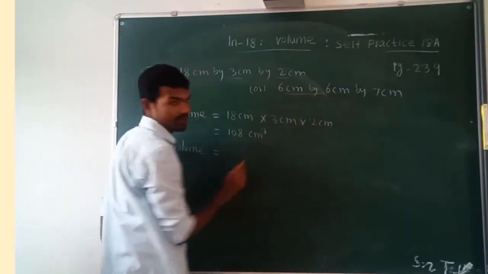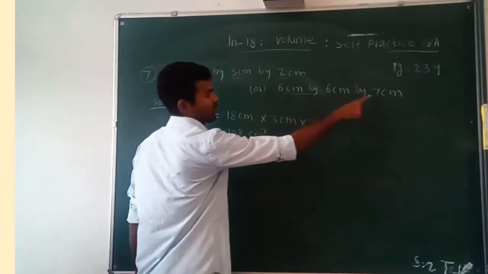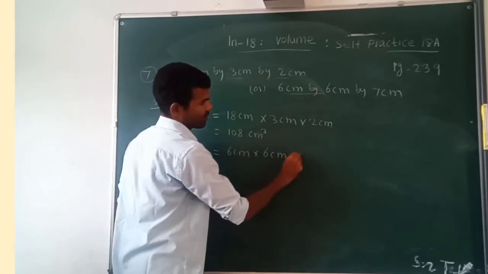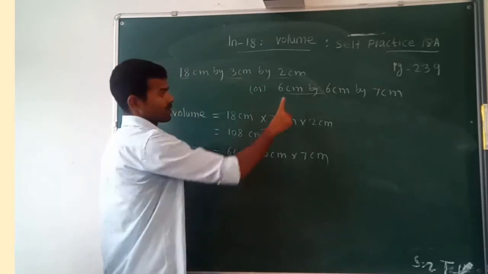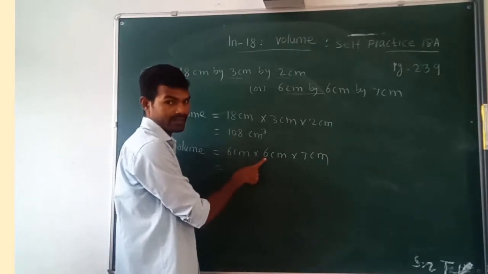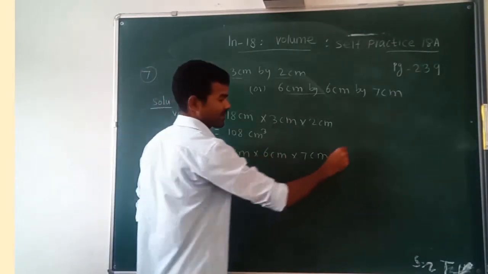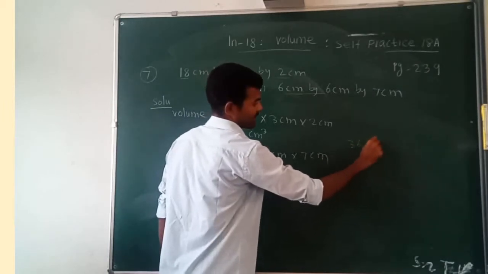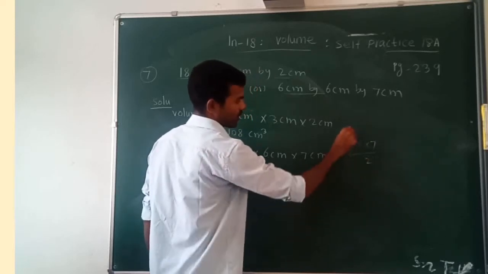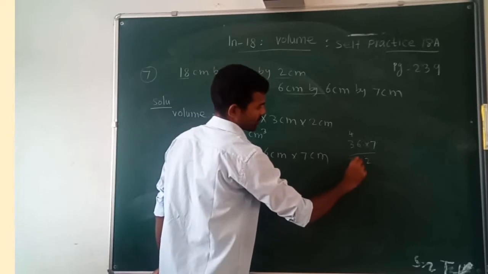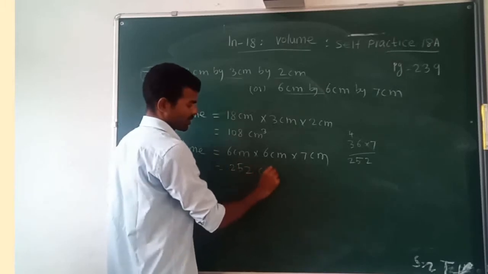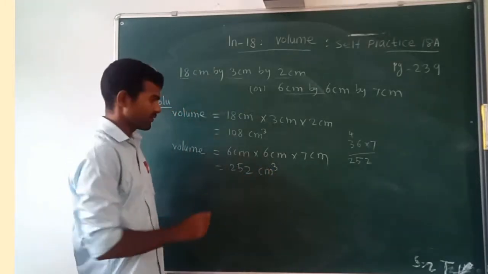Volume of this box now we are finding: 6 centimeter multiply 6 centimeter multiply 7 centimeter. 6 multiply 6, 36. 36 multiply 7: 7 sixes are 42, 4 carry, 7 threes are 21, 21 plus 4, 25. So you can say 252 cubic centimeter.